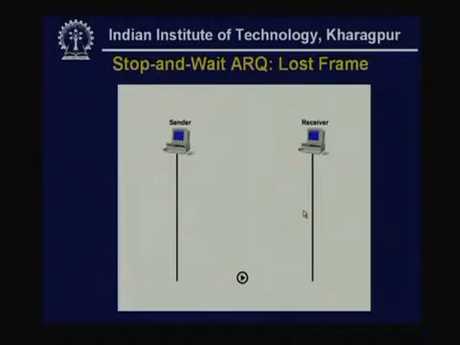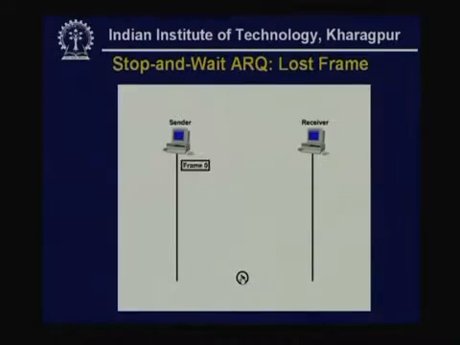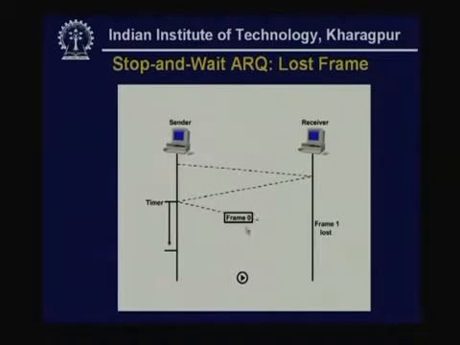Now, let us consider the situation when a frame is lost in transit. As I mentioned, a frame may get damaged to such an extent that it is not recognizable by the receiving end, and in such a case we call it a lost frame. So, we see that frame 0 is sent to the receiver, and an acknowledgement is sent, and another frame is sent, however this frame is damaged, and as a result this frame is lost.